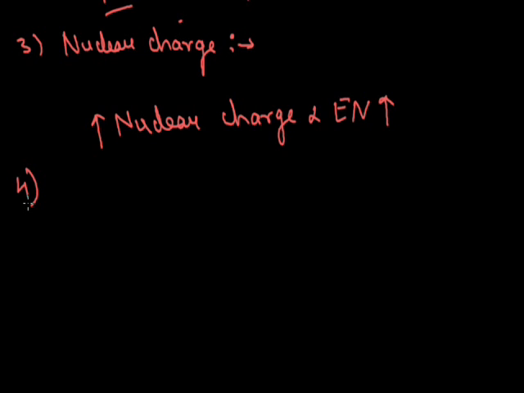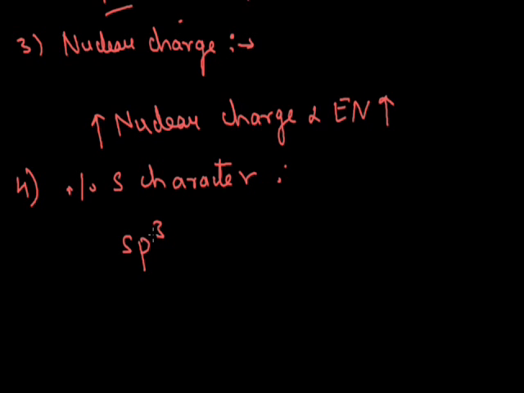The next factor which is affecting EN is percentage s character. We know about hybrid orbitals. In hybrid orbitals, if the percentage s character increases, then the EN tends to increase.